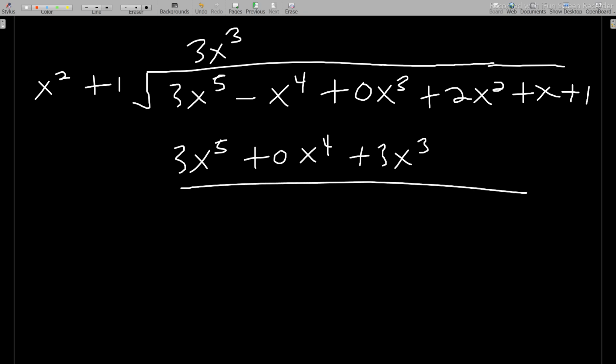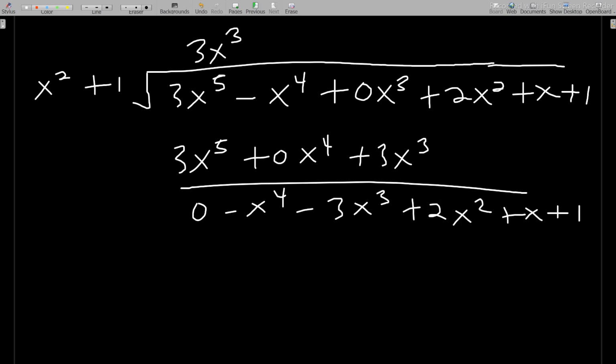When I'm subtracting, I'll get 0 here. I have minus s to the power 4 minus 0s to the power 4, so I have minus s to the power 4 again. Then 0s cubed minus 3s cubed, so I have minus 3s cubed and plus 2s squared plus s plus 1.